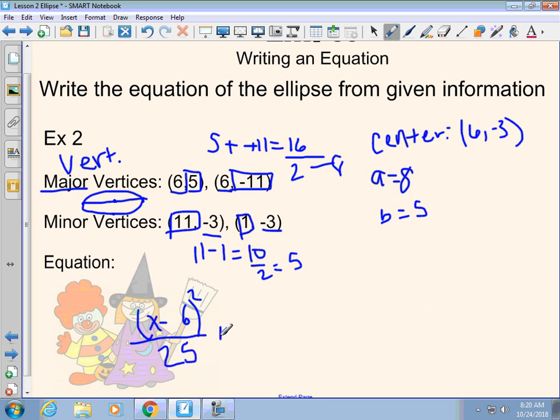And then I'm going to be adding it to my y plus 3 squared under my A value of 64, and it equals 1. Okay? Again, major gives us the A, minor gives us the B. Determining what changed gives us whether or not it's horizontal or vertical.